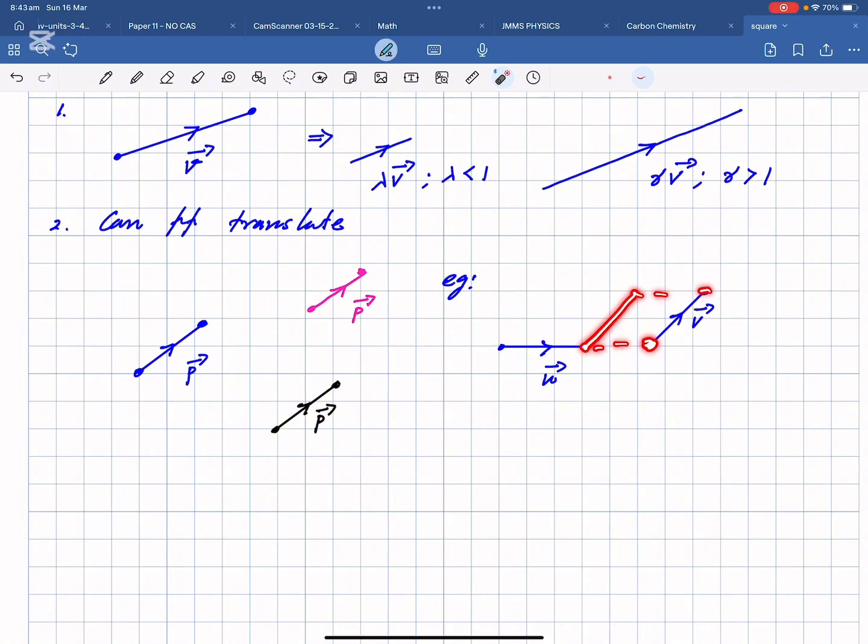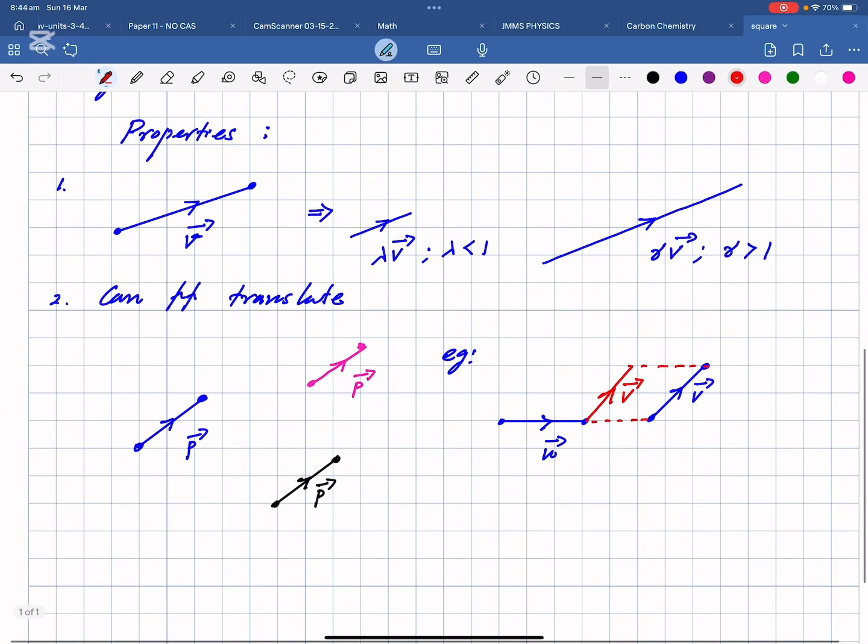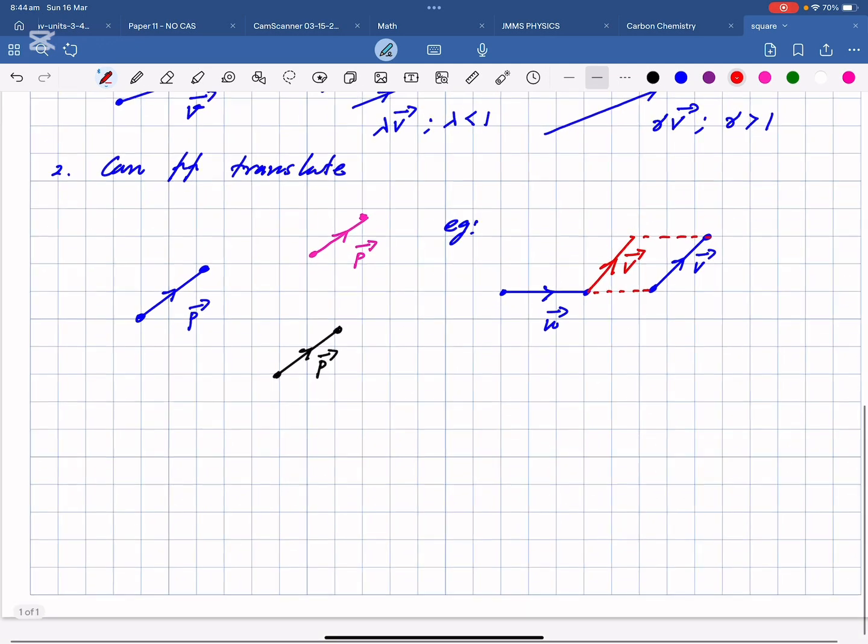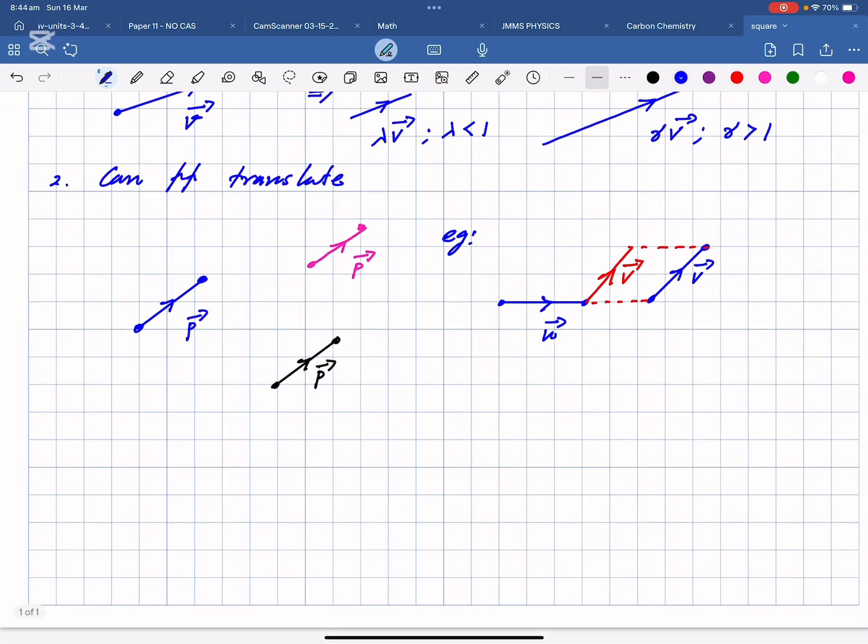Because it can be parallel transformed. Or this one you can put it here. Depends on the situation, your necessity. Right? So what I'm saying, you can bring this here. If that happens, it looks like this. See, still it is V. Right? So this is the parallel transformation. Right? Okay. Then next one is vector triangle.